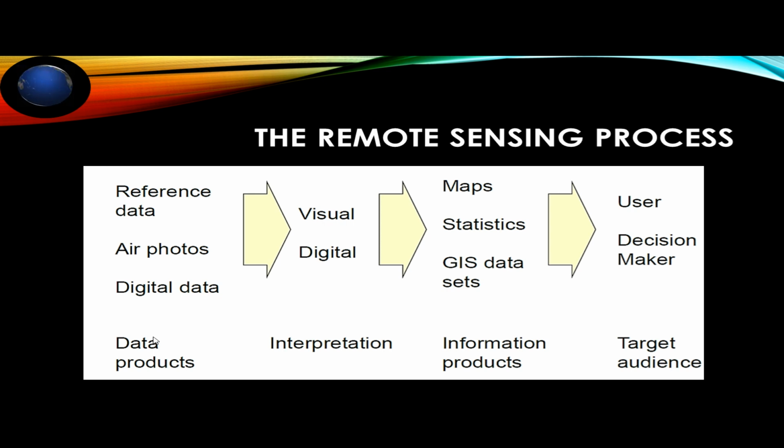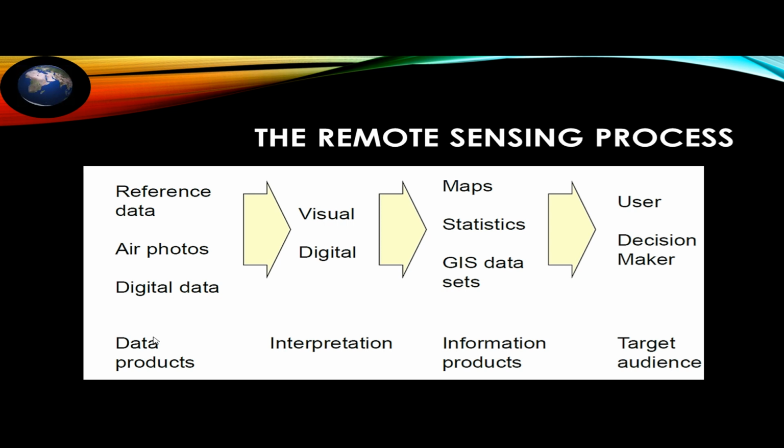Then visual or digital interpretation we are doing, like sometimes we are able to sense by seeing the image itself. With our eyes we are able to understand using the wavelength of the spectral signature. I will tell you what the spectral signature is. A few image interpretations can be done by our eyes itself, or a few we need digital, because our eyes are not able to assess information more than or less than our visible spectrum.